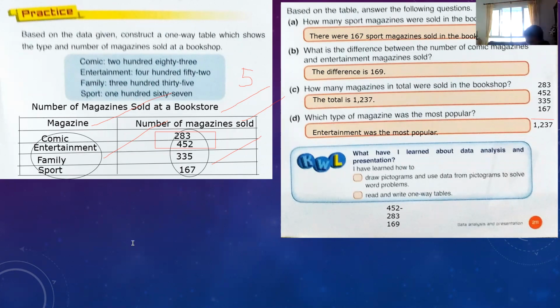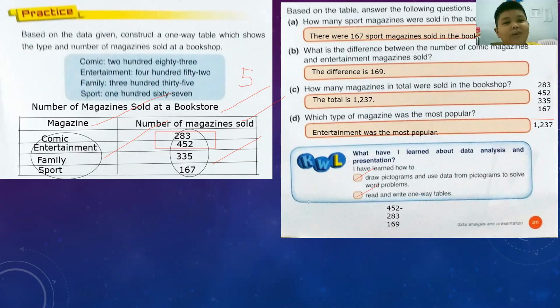Okay, now you have to tick this one. You have learned how to draw pictograms, right? You tick. And then you have learned also today how to read and write one-way tables, right? You tick. Now you are ready to do our workbook by yourselves.